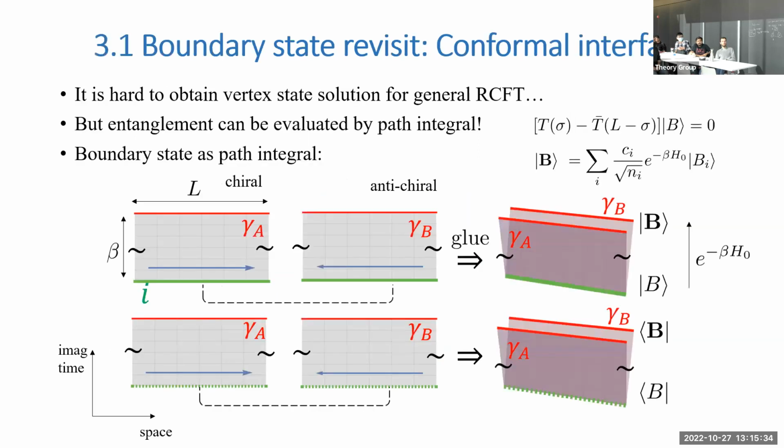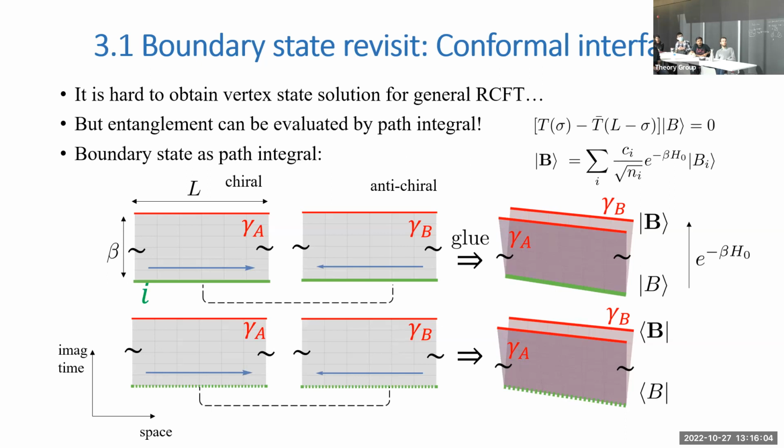And we want to answer that question in our second paper, and that is related to the title of this talk, that we want to use a conformal interface approach. So the point is that in the general case, even if we have this vertex, say in 1+1 dimensions, it is still kind of hard to find a solution for a general rational CFT.